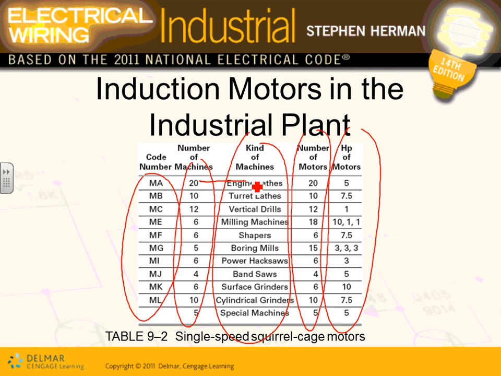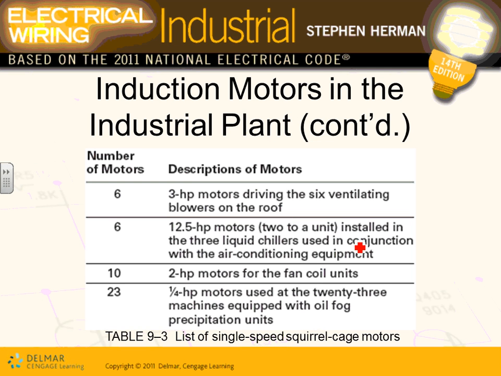There's the machine and the motor. Certain machines have more motors. Look at that. ME has 18 motors. So some machines have more than one motor. But here's the horsepower. Some machines have 1 horsepower, 1 motor, Adam. The others have multiple motors. So that's the motors that we have in our plant.